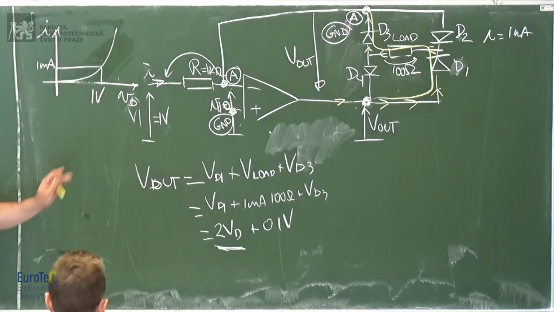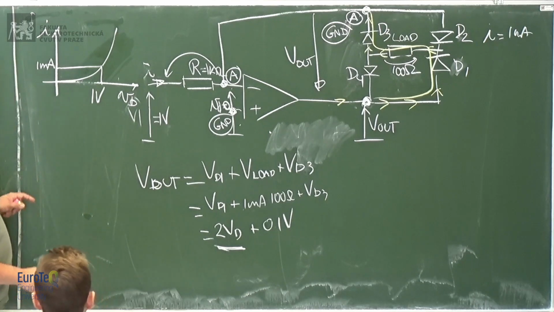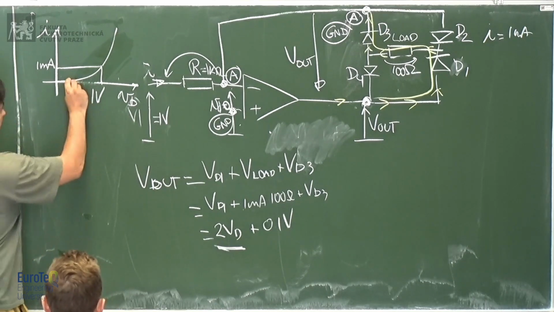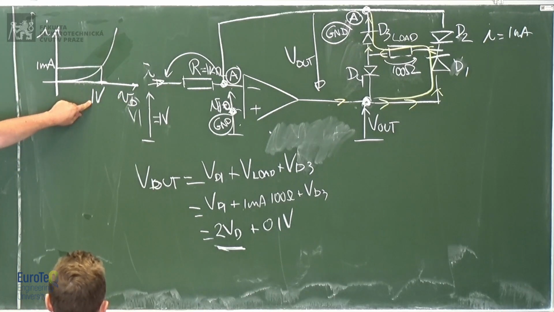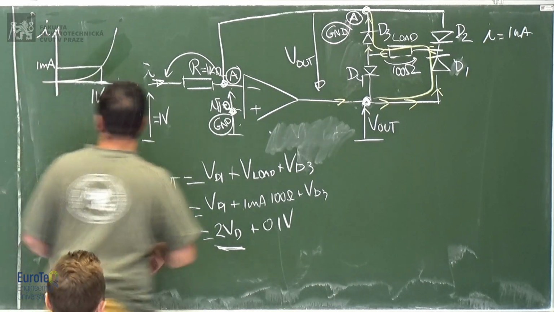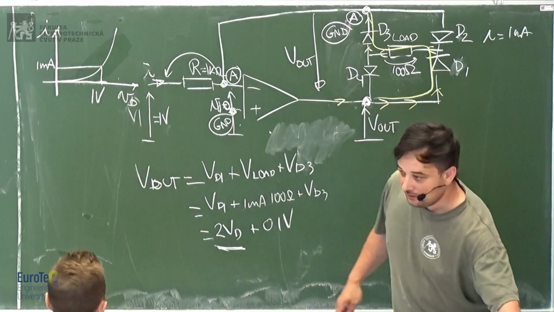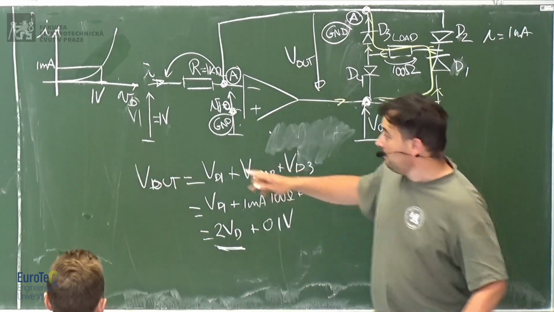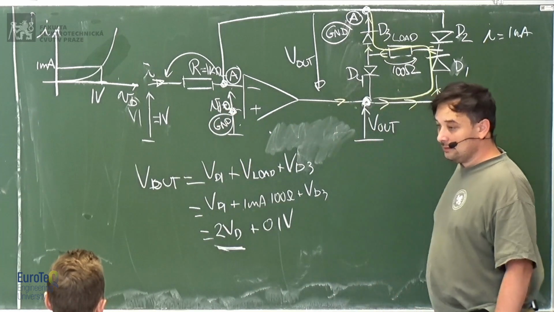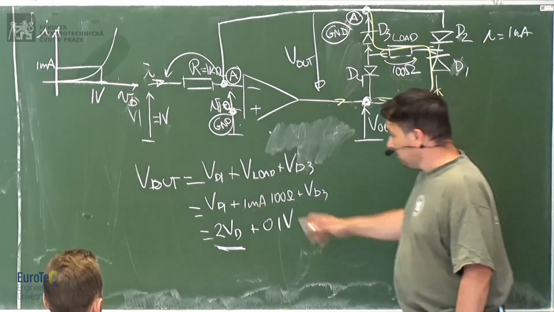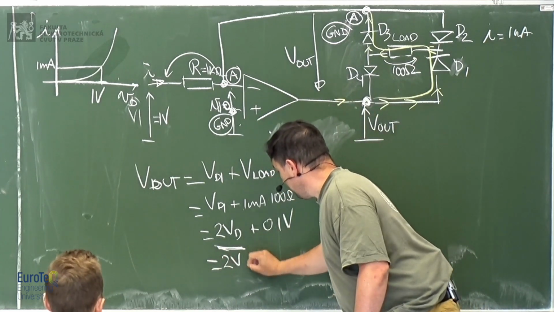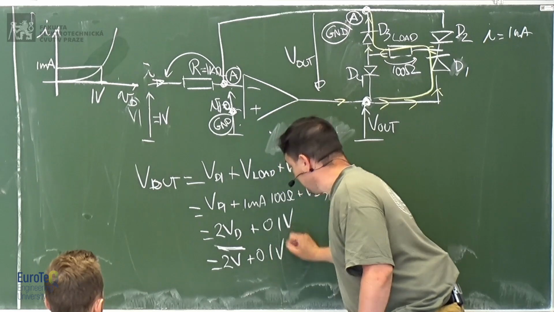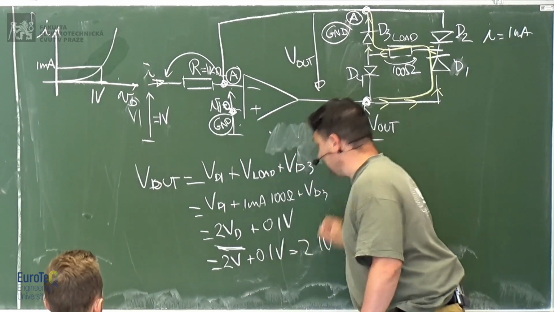I'm just inventing numbers. Let's say 1 volt. So this is the voltage on the diode for 1 milliamp. Let's say that in our imaginary diode, you get 1 milliamp if you apply 1 volt. Fine. So that means it's 2 volts, plus 0.1 volts. So you have 2.1 volts.